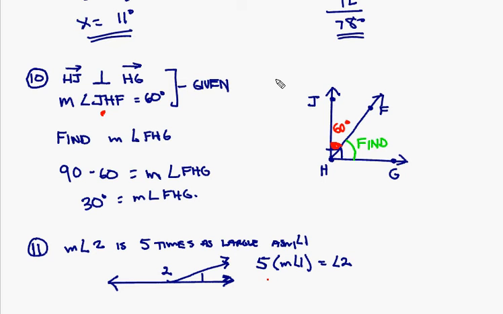So if I let angle 2 be x, and what else do we know? We know that the measure of angle 1 plus the measure of angle 2 is equal to 180 degrees.